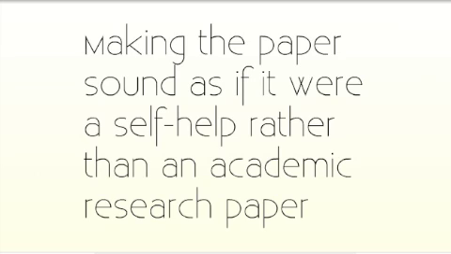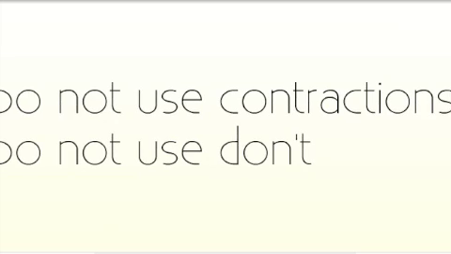It's not about that at all. The paper should be in third person at all times, not in first person, and definitely never in second person. Do not use the word you. Do not use I, our, we, my. Avoid those at all costs. And in the end, what's going to happen is you're going to have something that's much stronger.